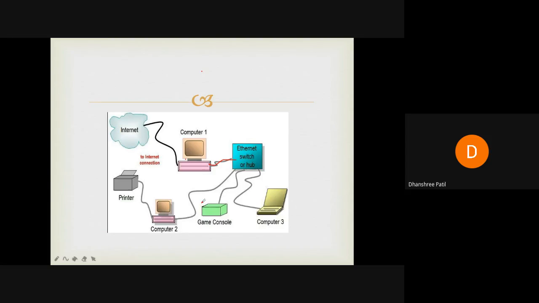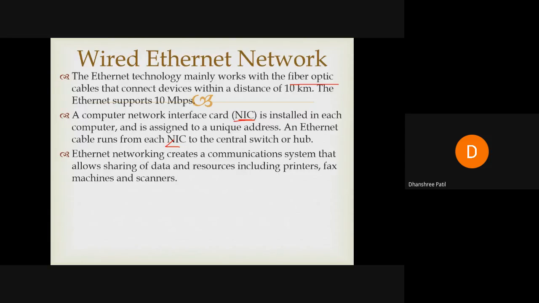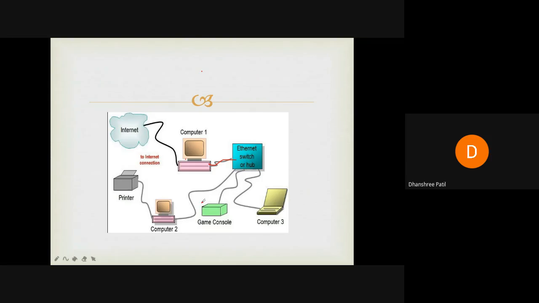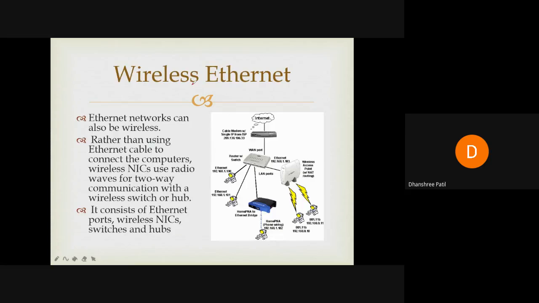Now I told you that some cables are used. Wired cables are used, but it may be possible that Ethernet can be wireless also. Wired means a direct connection is made between the computer and the switch or the hub, but it can be a wireless Ethernet also. Rather than using cables directly to connect the computers, wireless NICs use radio waves for two-way communication with a wireless switch or hub.